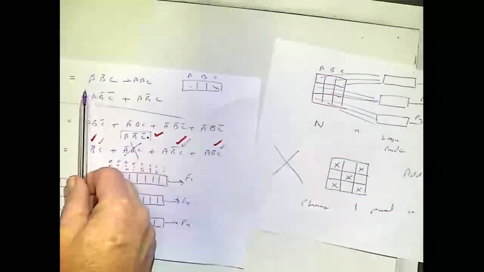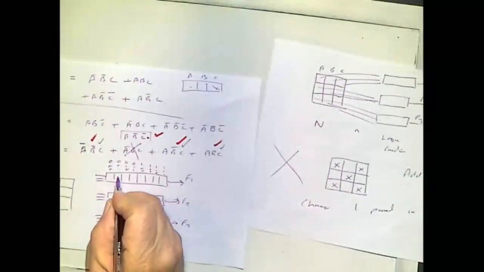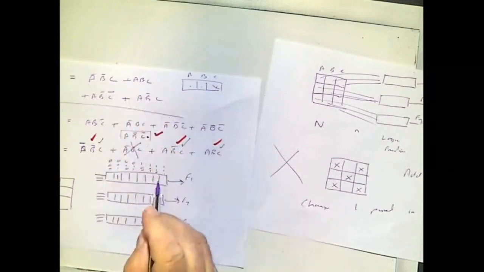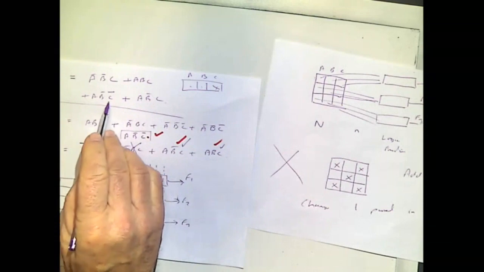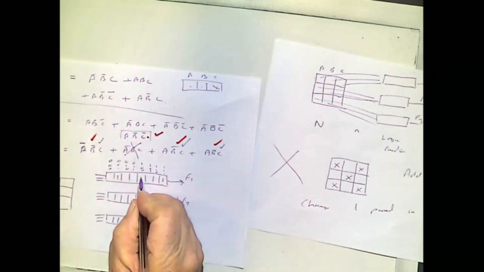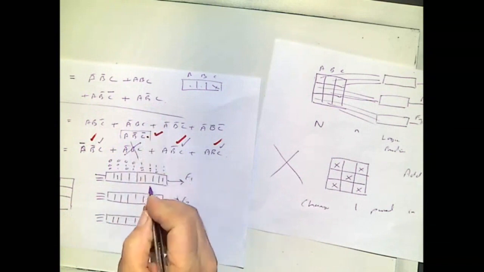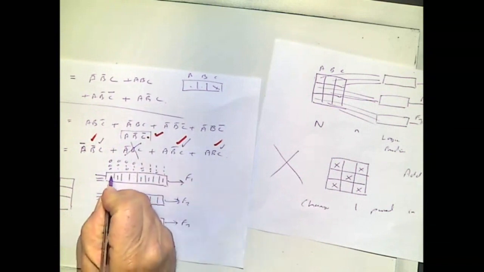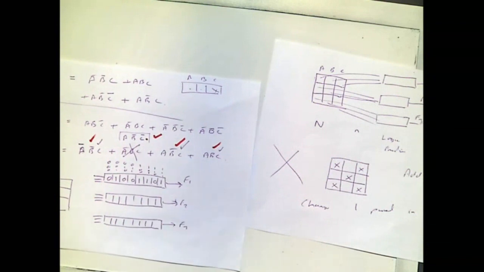So for the first function, not A, not B, C is location 1. Yes? It's a 1. A, B, C is 7. It's that location. A, not B, not C is 4, it's that location. And A, not B, C is 5, it's that location. All the others are zeros. Correct?